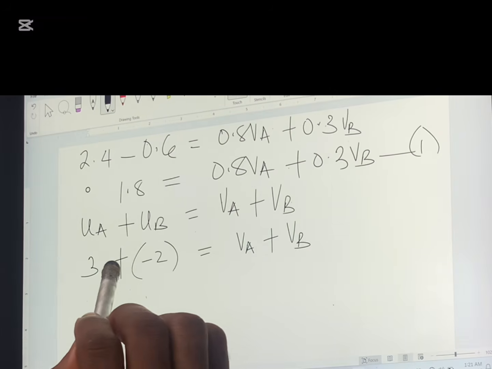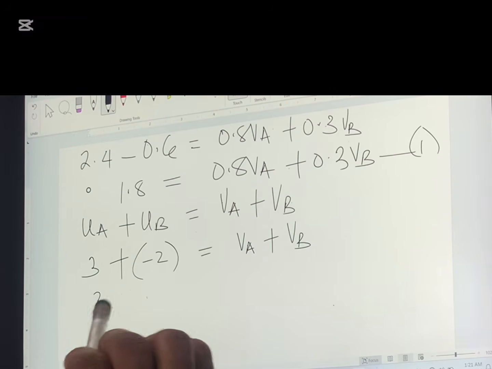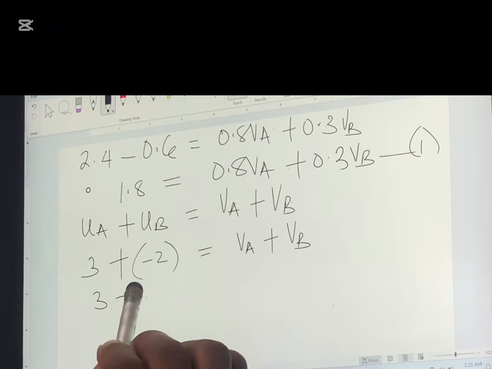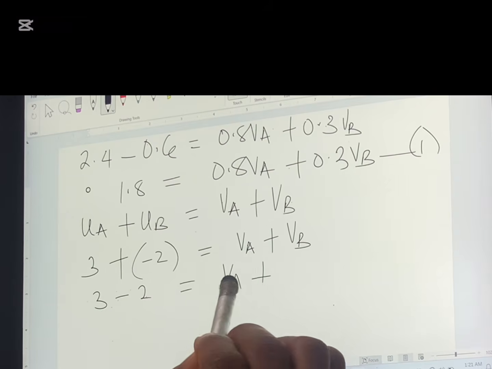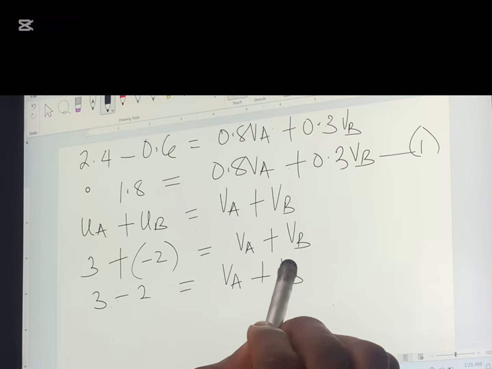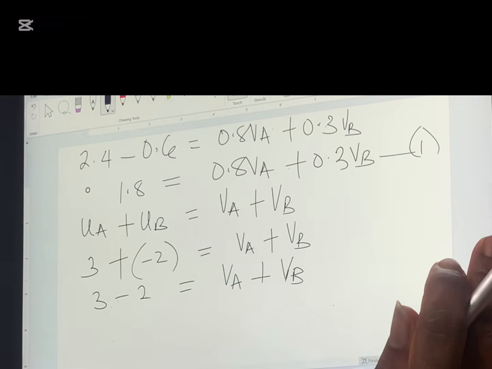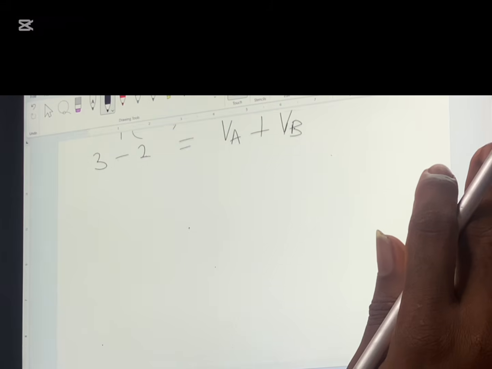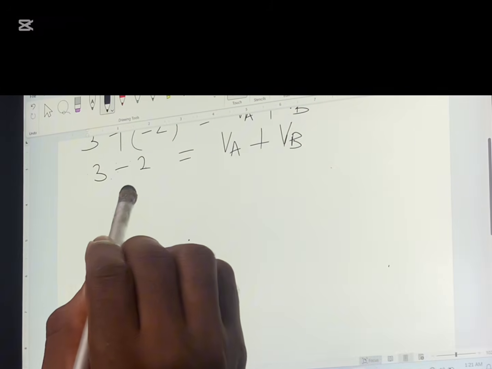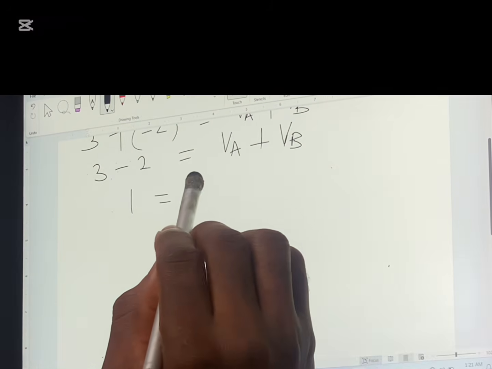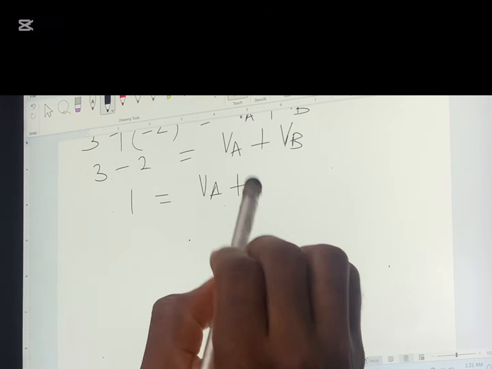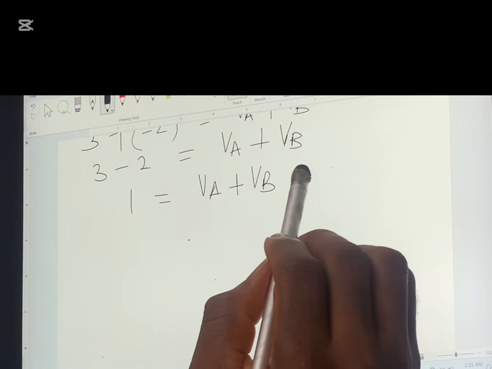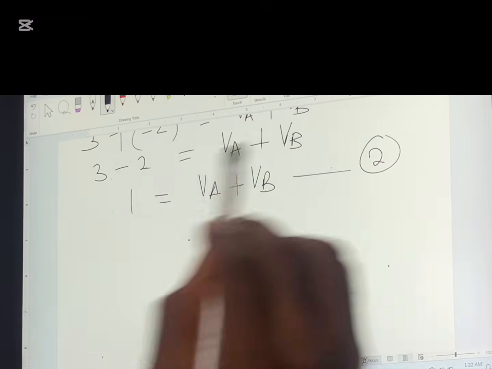So when you simplify this, 3 minus 2 is 1. I have 1 is equal to VA plus VB. So this is from my equation 2.